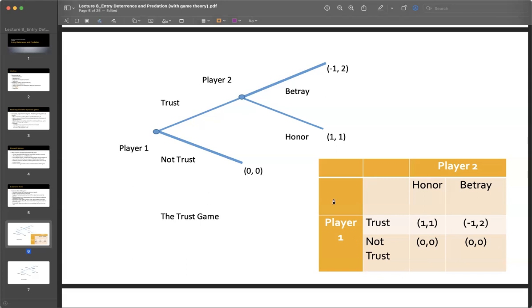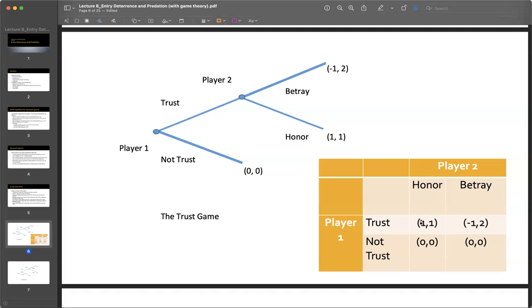Before we continue, we could come up with the Nash equilibrium for this one. Again, for each player, you try to find the best response to anything that the other player would do. Let's start with player one. If player two plays honor, what is player one's best response?